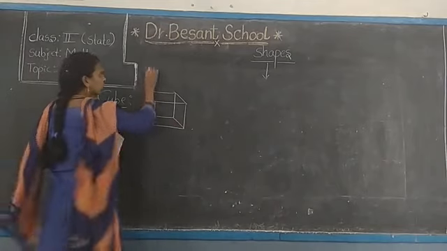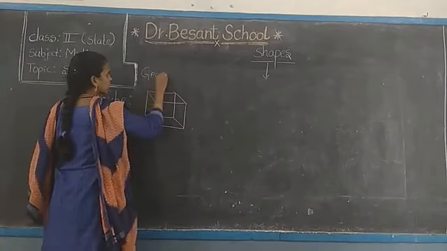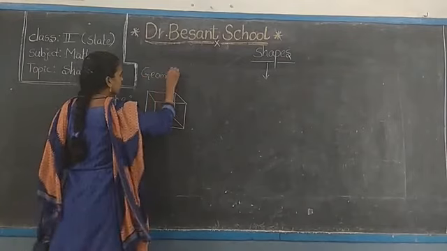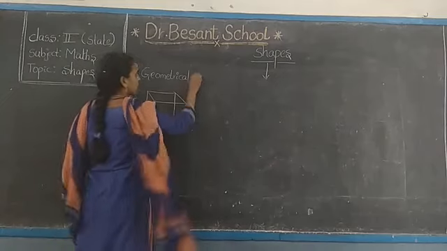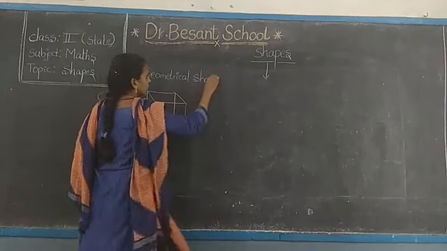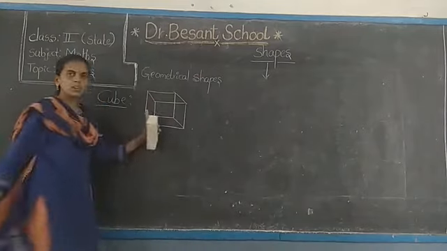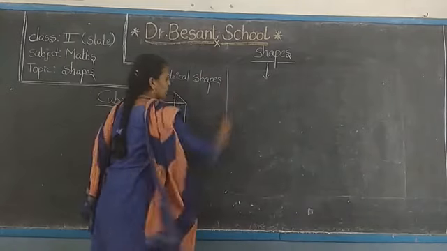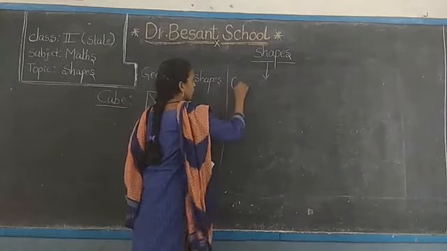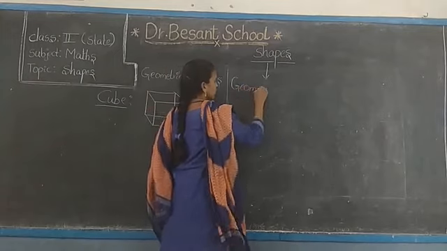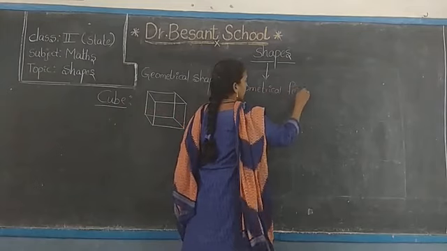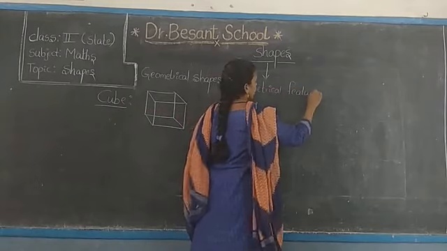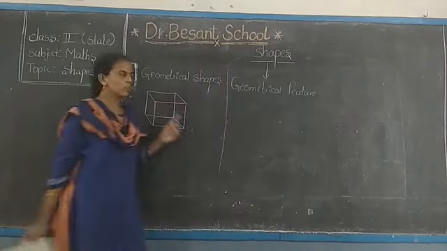This is the geometrical shape of a cube. Coming to the features, we are going to learn about the geometrical features of the cube.